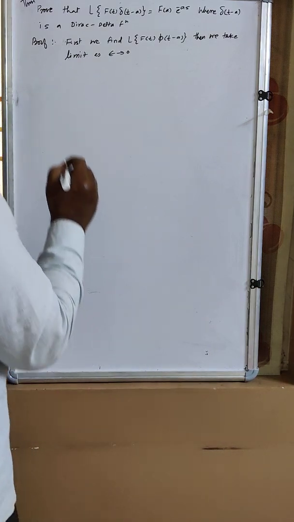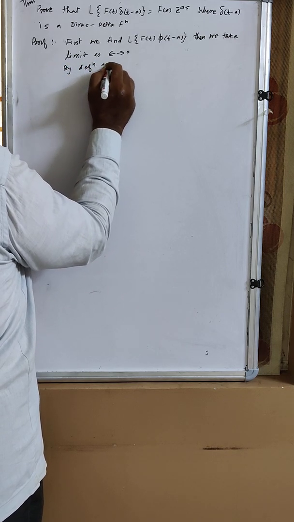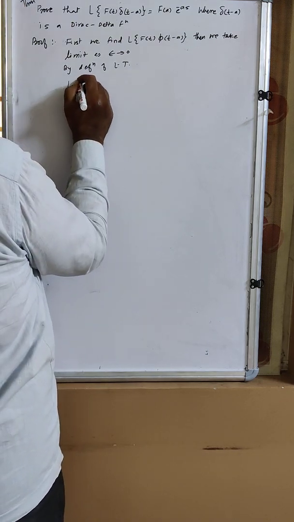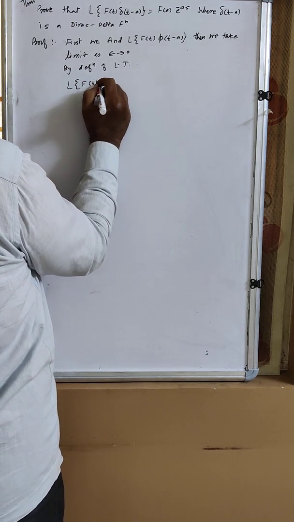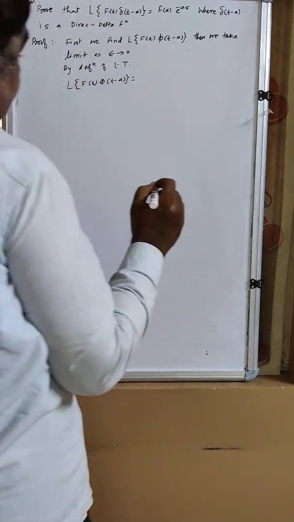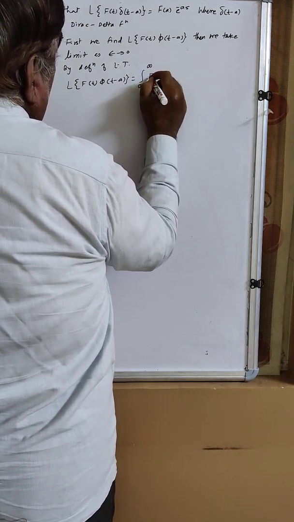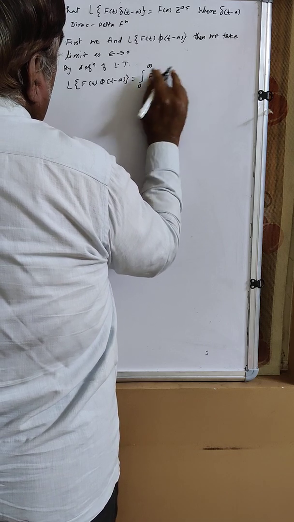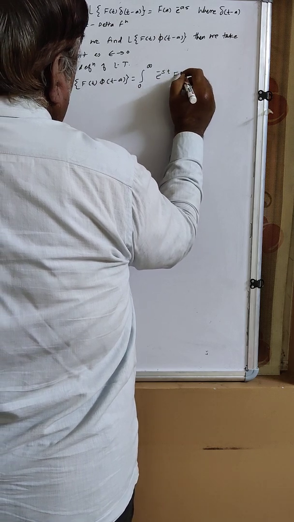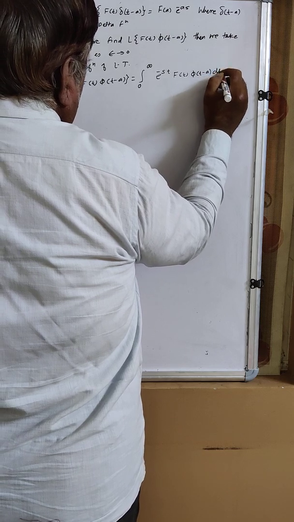By definition of Laplace transform, Laplace of f(t) phi of t minus a is equal to the integral from 0 to infinity of f(t) e raised to minus st phi of t minus a dt.